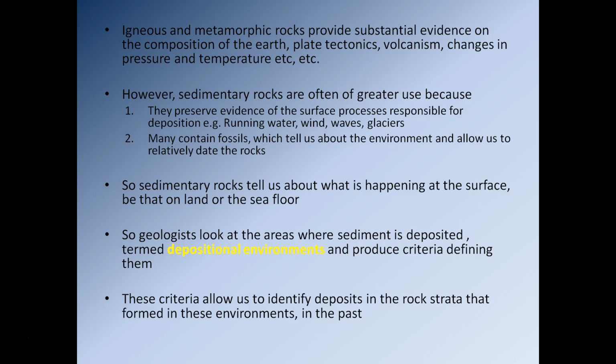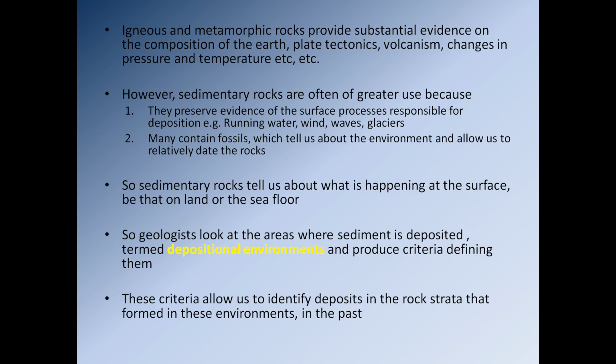Are there crossbeds, ripple marks, mud cracks? And we look at other things like the types of fossils that occur there. By putting all this information together, we end up with a set of criteria that allows us to say, right, this sediment was deposited by, let's say, a river.